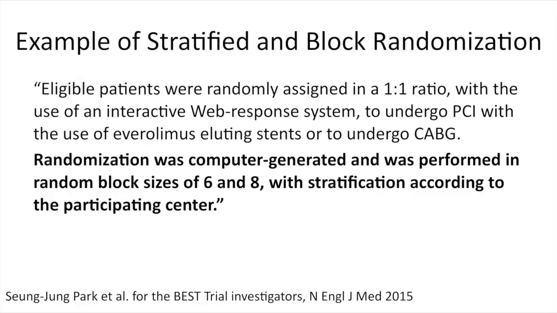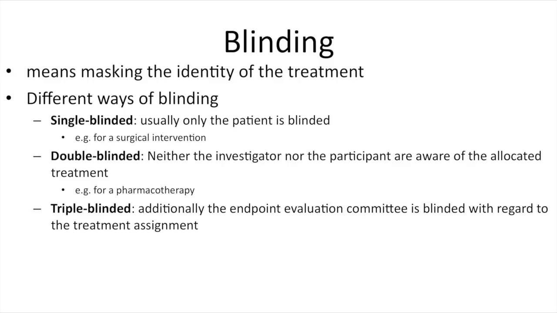It compared everolimus-eluting stents to bypass surgery, and their randomization was computer-generated and was performed in random block sizes of 6 and 8 with stratification according to the participating center. So they had participating centers in several countries and wanted to ensure that the treatment distribution is really equal in each center.